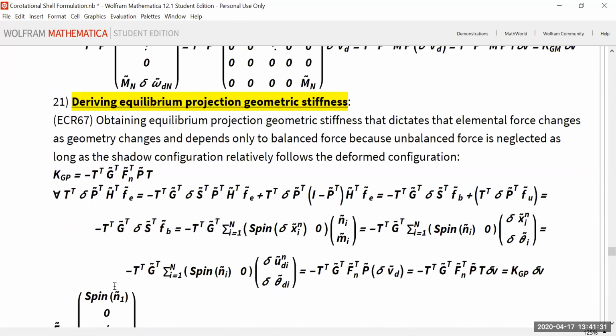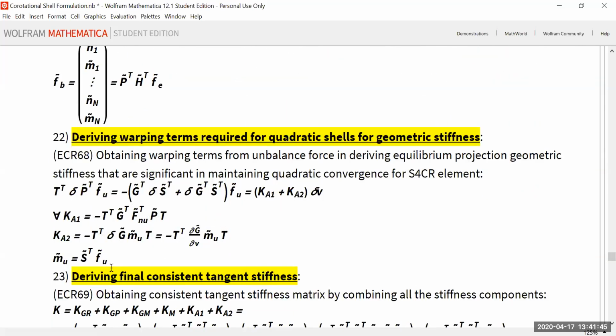And then this is the last stiffness. So you're going to see you have this G, and then you have this spin tensor, and then the projector. So there are some additional terms, and the paper mentioned it, but primarily they focus more on the triangle.